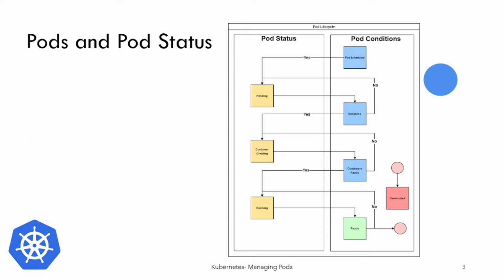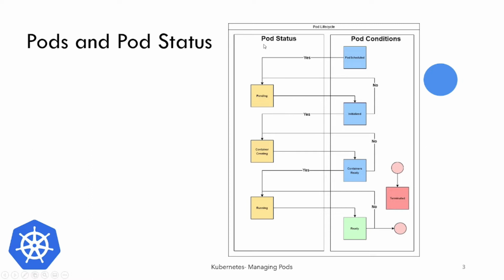So when creating a pod, the pod goes through a certain life cycle. When the pod creation command is executed, it goes through the workflow where it's scheduled, and once it is scheduled, it goes into the pending state.